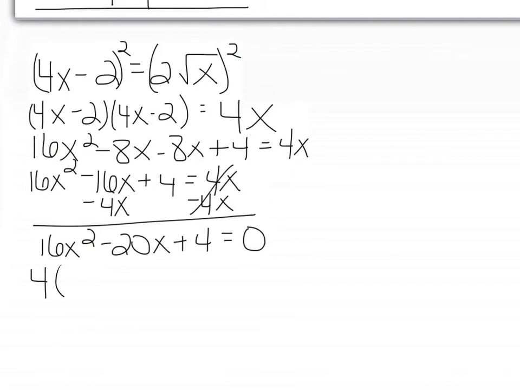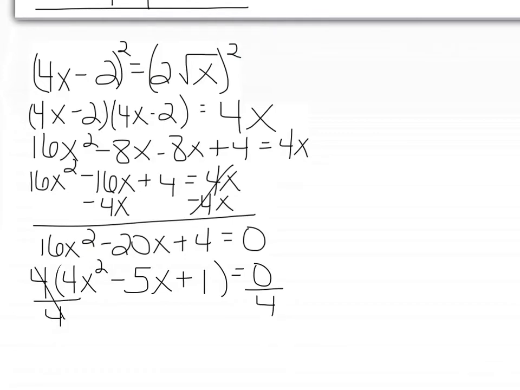If I factor out a 4, I'm left with 4x squared minus 5x plus 1 equals 0. Divide both sides by 4, and you're left with 4x squared minus 5x plus 1 equals 0. Now we have to factor.